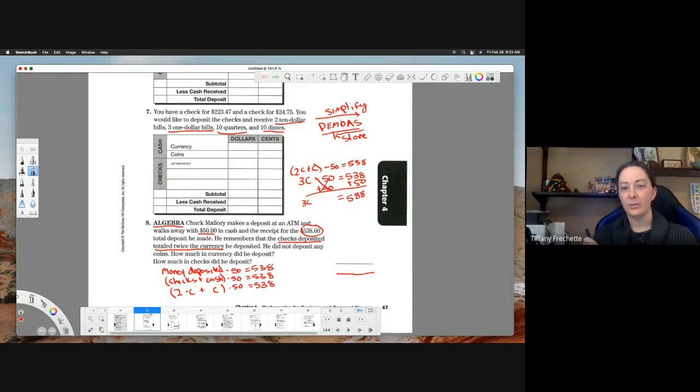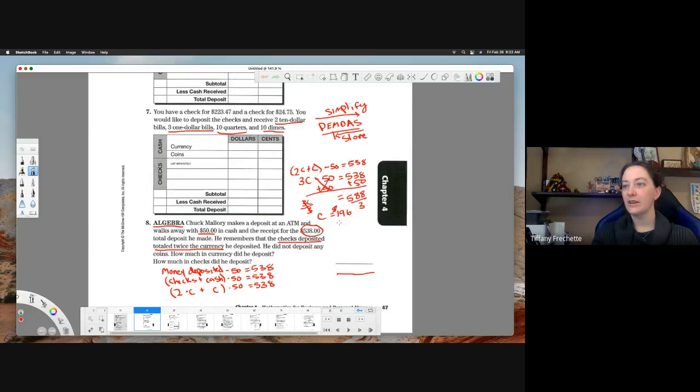It's going to be one or the other when you're solving; you're not going to do both. I'm multiplying by 3, so I'm going to divide by 3. 3 divided by 3 gives us c equals 588 divided by 3, which gives us our cash, or currency, sorry, I keep saying cash: $196.